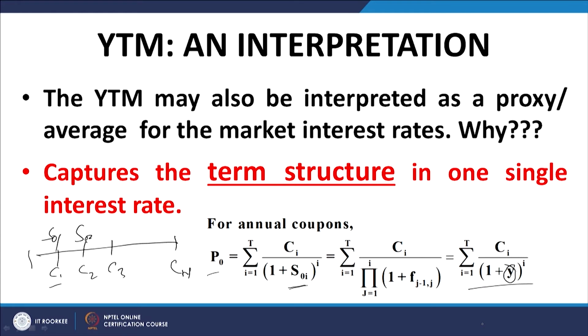So, this y must be in some sense an averaging of all these interest rates. In other words, this y captures in a single figure the essence or the average, not the conventional arithmetic average, but in some averaging sense it captures the effect of the term structure of interest rates into one single figure. And that is why it is sometimes interpreted as an average, as a proxy of the market interest, that one single interest rate that accounts for the entire term structure of interest rates.